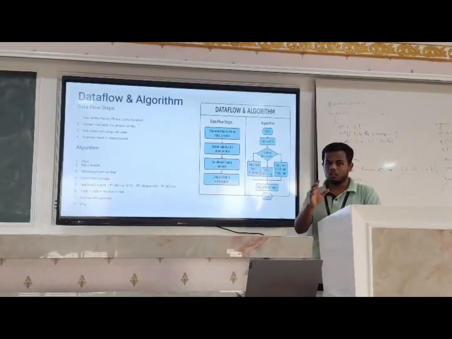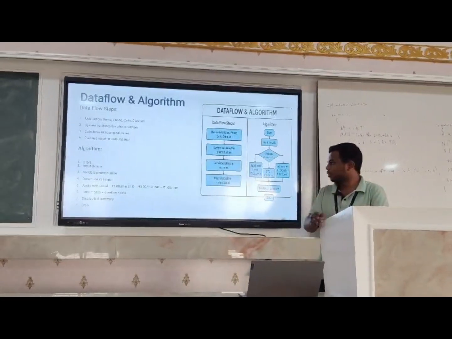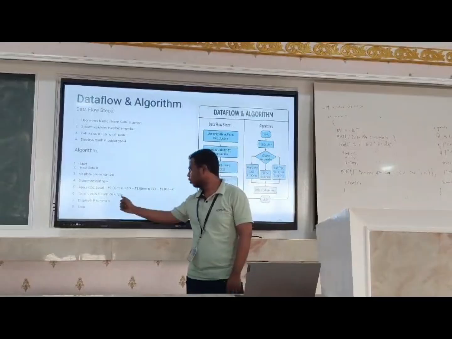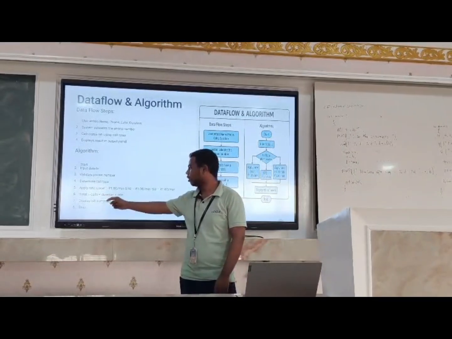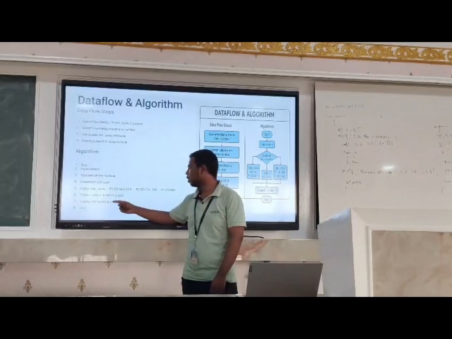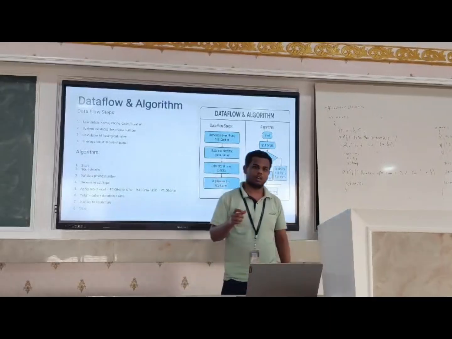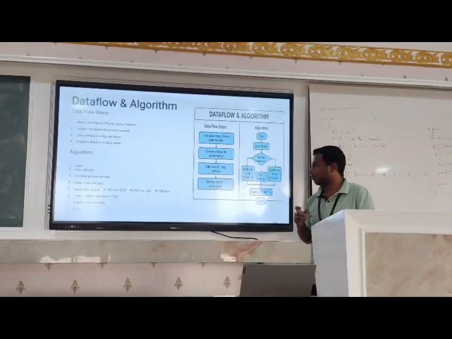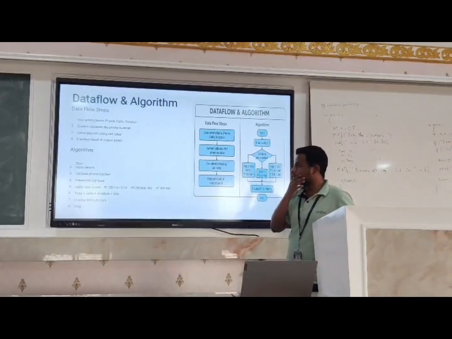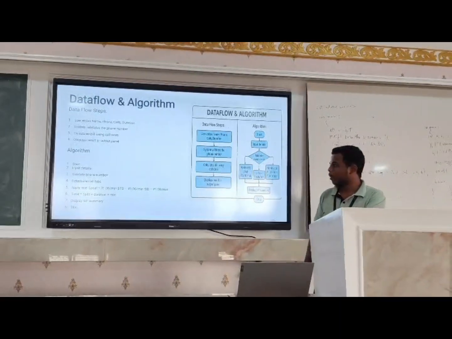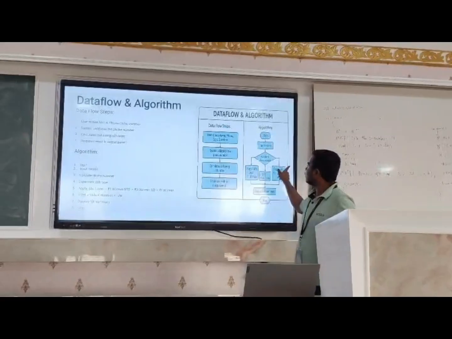The total amount is calls into duration into rate. Calls means how many calls they made, duration is how much time they used, and rate is rupees per minute. Then it displays the summary based on usage, and it ends.